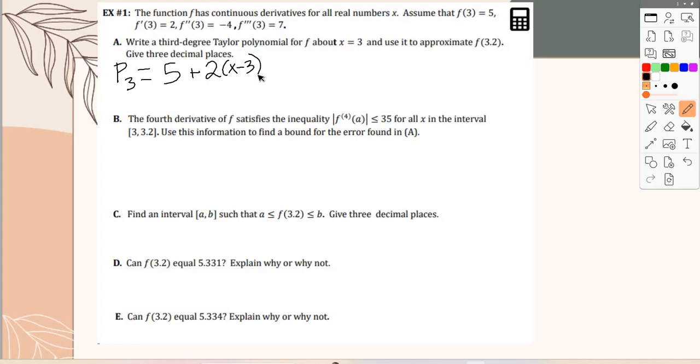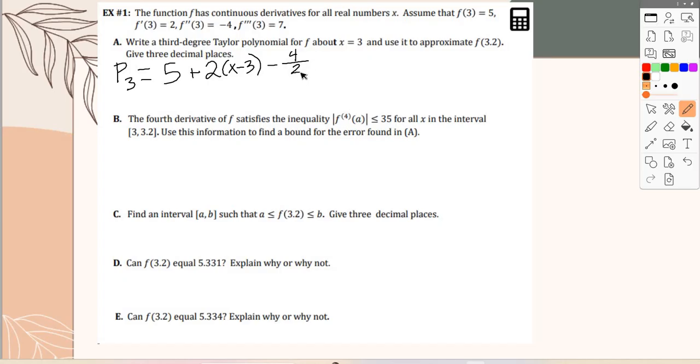Okay. Plus, what's our second derivative at 3? Okay, and I'm going to divide by 2 factorial, which is also just 2.